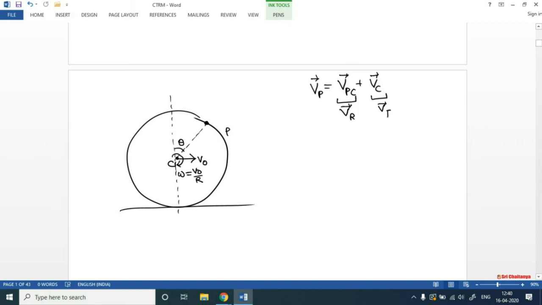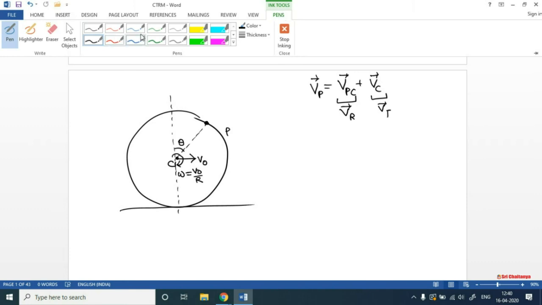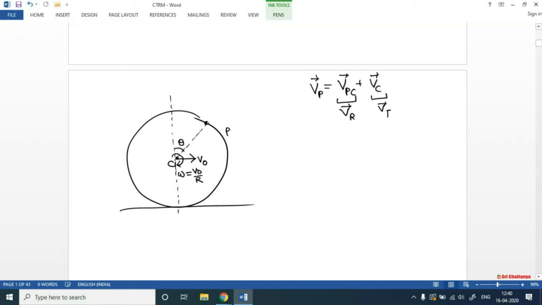Due to translation, the velocity of this point is going to be the same as the velocity of the center of mass, so this is going to be v naught, and due to rotation it will have a tangential velocity, which is nothing but r omega. And when we substitute the value of omega, r omega will be equal to v naught as well. Now looking into the geometry, if this angle is theta, this angle is going to be theta, and this angle here is also going to be theta.